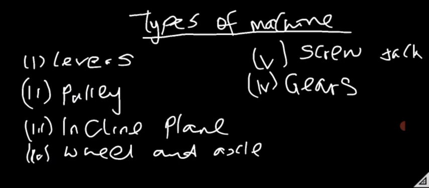What is a lever? A lever is a simple machine that consists of a rigid rod or a stiff body.